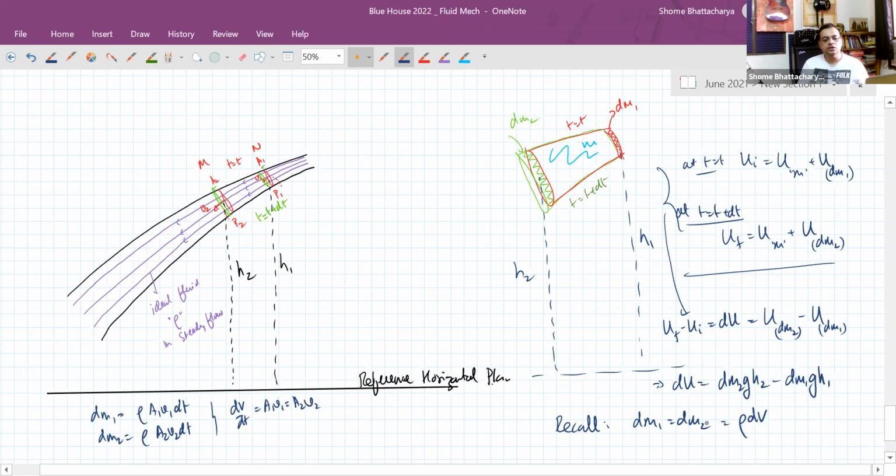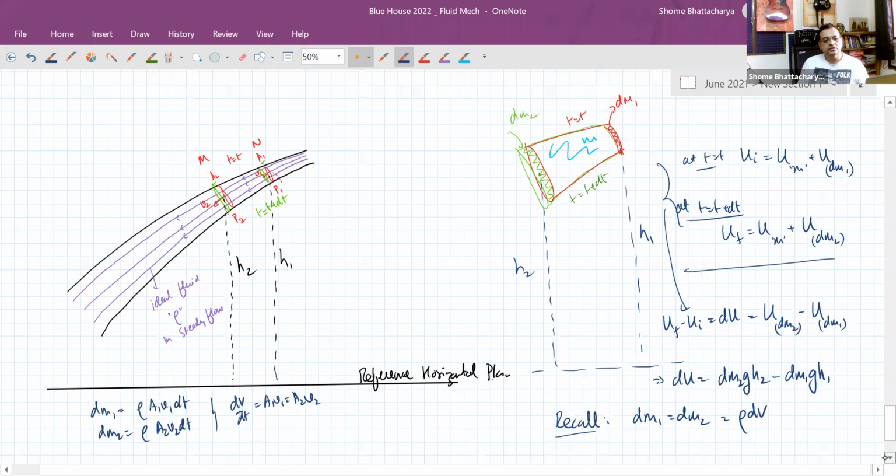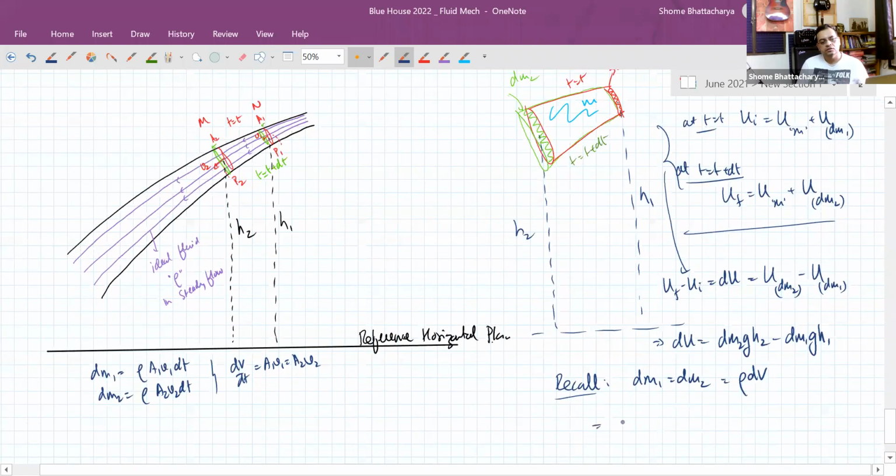So from all this we have this. Substituting that in the equation further, we get the relation that the change in potential energy is rho dv into g into h2 minus h1. So as expected, the change in potential energy, the third term, is proportional to the height difference h2 minus h1 at these two points.